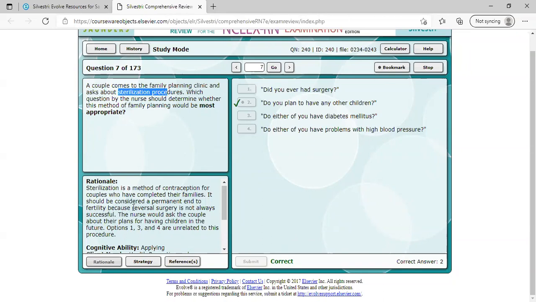It should be considered a permanent end of fertility because reversal surgery is not always successful. The nurse would ask the couple about their plans for having children in the future. And what is the next question?